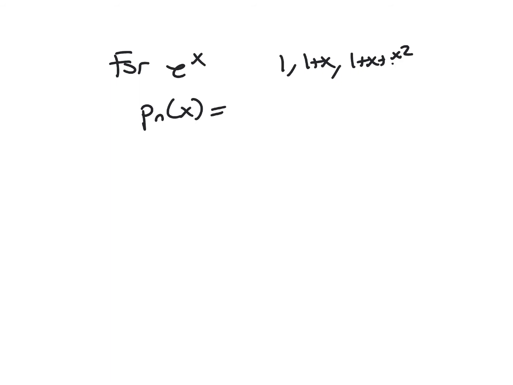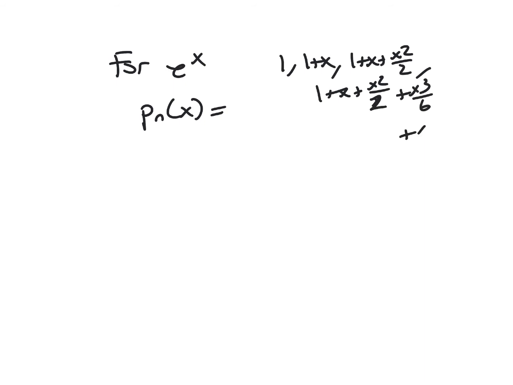So for e to the x, we have basically seen the following pattern. Our nth degree polynomial, what we were doing, right? We had 1 plus x plus x squared over 2, plus x cubed over 6.